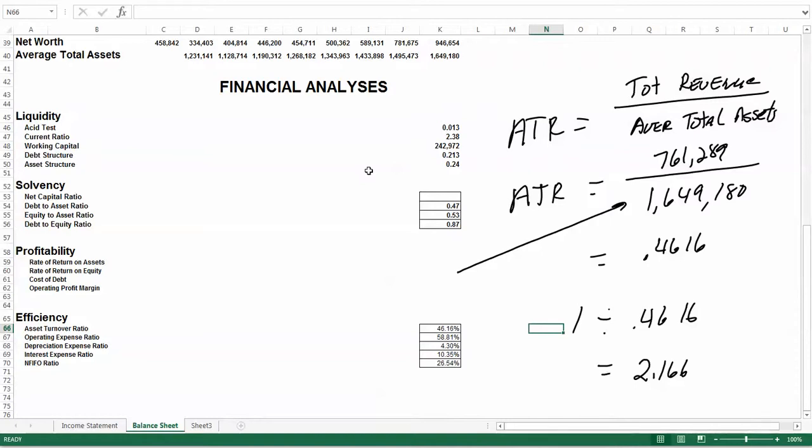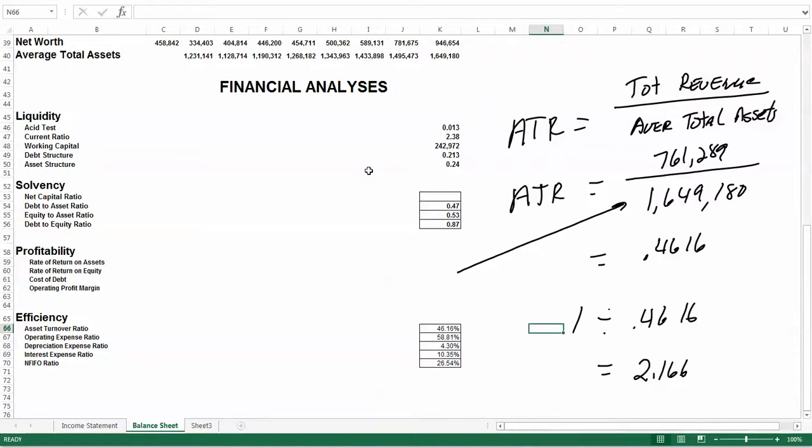But if you took a very similar farm and that second farmer did not own the land, in other words, he leased the land, he would have a much lower asset value. Now, if he generated the same amount of revenue as the first farmer, he'd get a much higher asset turnover ratio, which would lead to a lot fewer years in terms of how long it takes those assets to generate revenue.